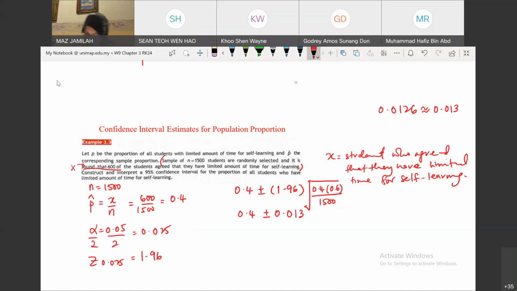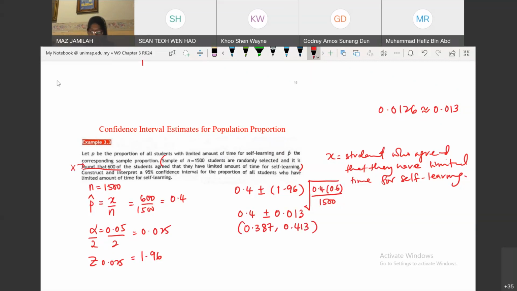Let's take to the decimal point, so you will get 0.387. Let's say we take this decimal point. So you will get 0.413.